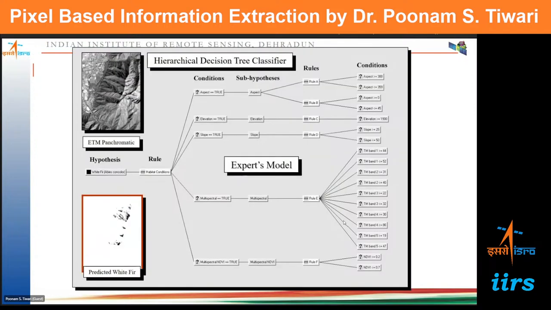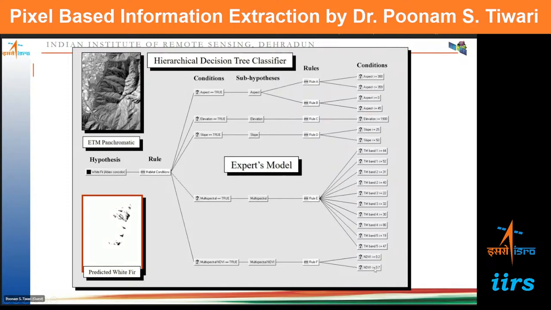So this is how, suppose we have to classify a particular tree species, which is white fir. Okay, and we are using this thematic map per image. So what we do is we can have multiple rules. If you start from here, you can see in the multispectral image we have calculated the NDVI.